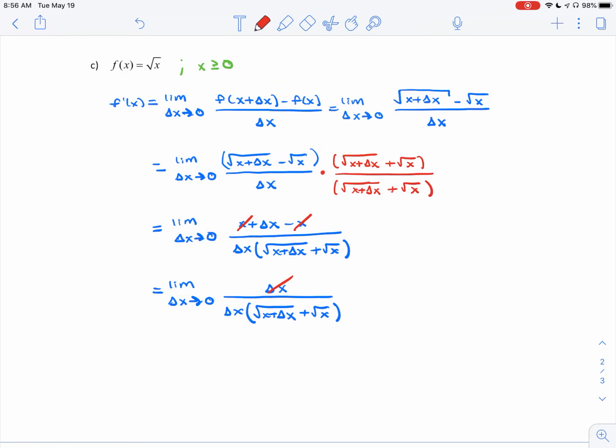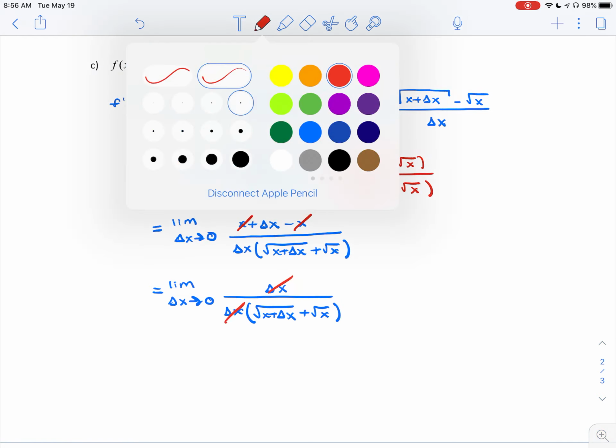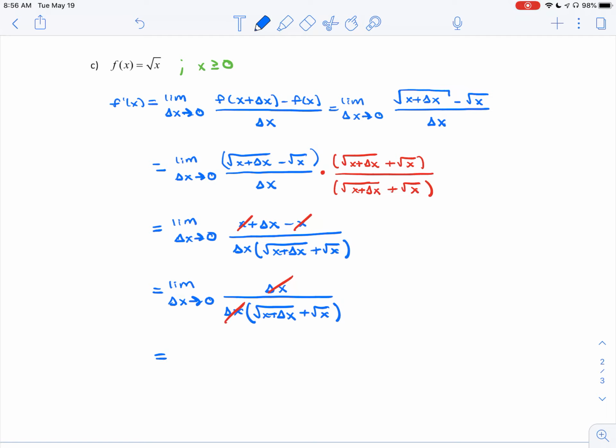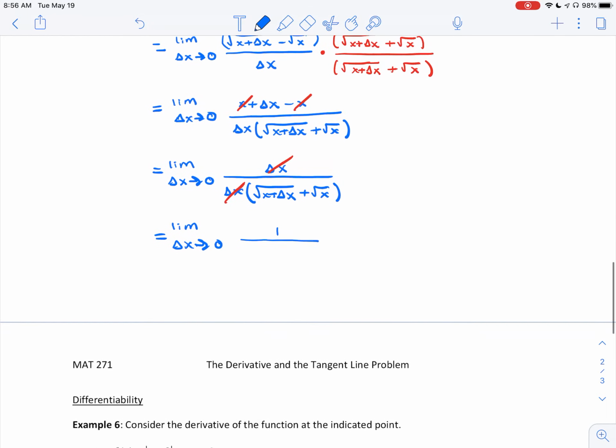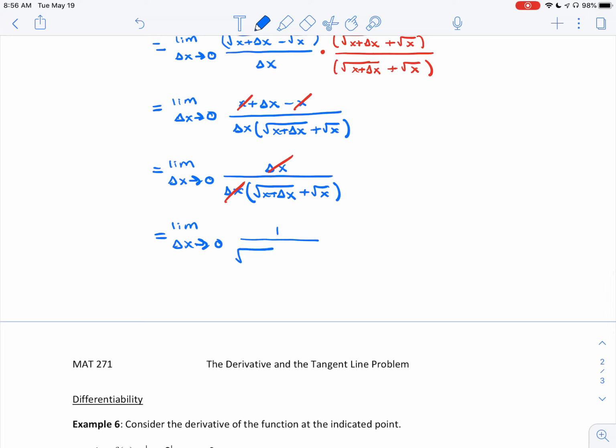And of course, the delta x's here cancel out, which will leave us the limit as delta x approaches 0 of 1 over the square root of x plus delta x plus the square root of x.